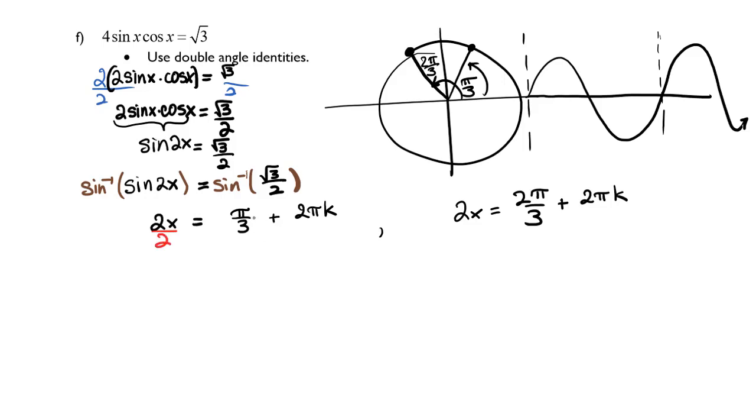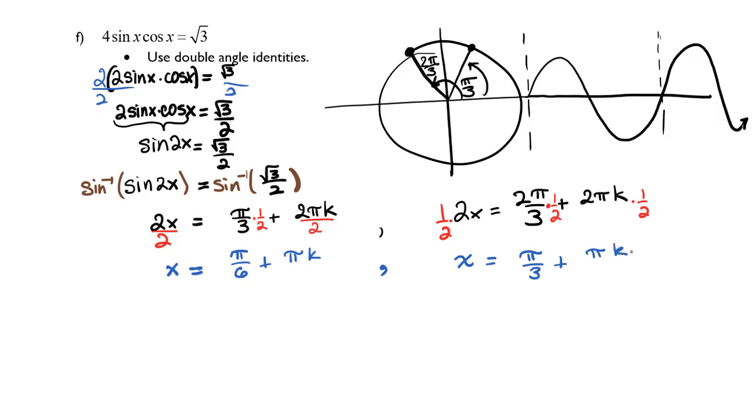So I'm going to divide everything, or multiply by a half, which is equivalent, by 2. And my solutions are x is equal to pi over 6 plus pi k, and also x is equal to pi over 3 plus pi k.